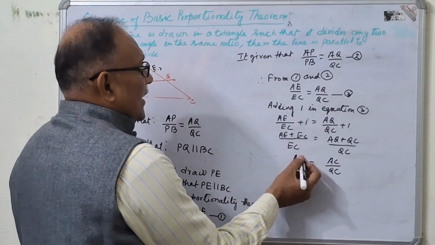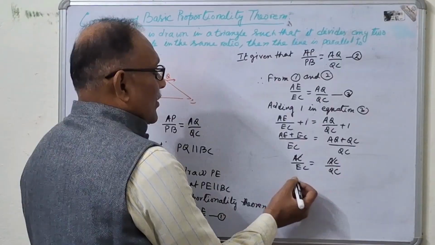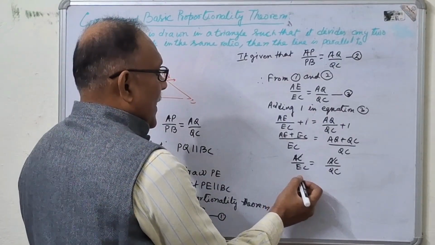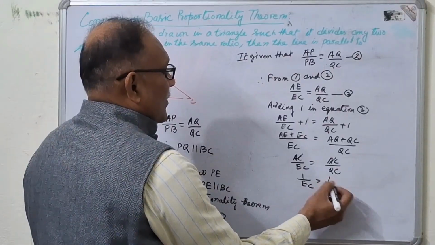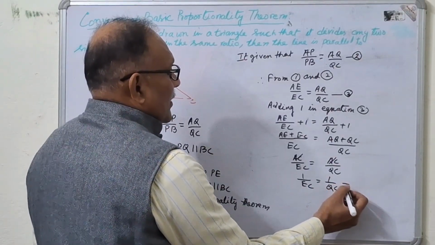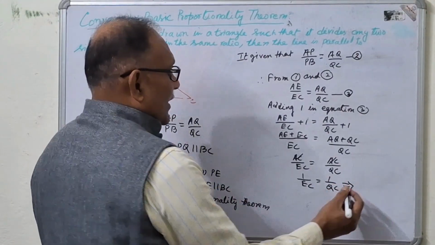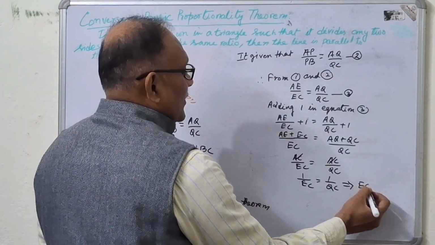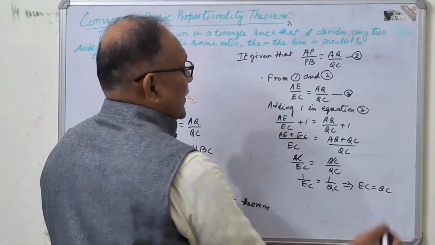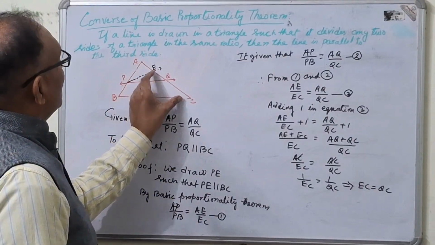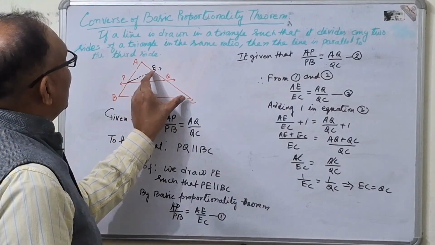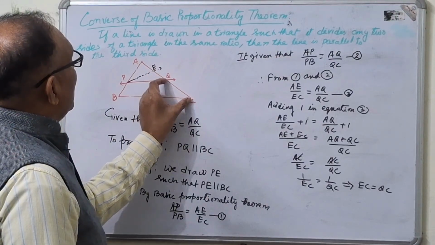So this AC and AC will cancel out to give 1 upon EC equals 1 upon QC, which will imply EC equals QC. It means EC equals QC.